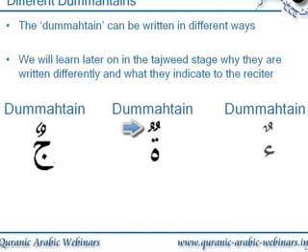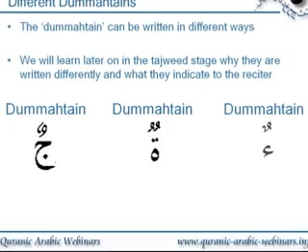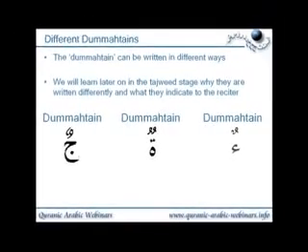The second one is simply two dhammas written together. That's what you would expect, and that's what we've written in a lot of the slides before. And the third one is two dhammas, and it looks like one's up the right way and the other one's upside down. As long as you can recognize that these are all dhammatains or dhamma tanween, that's fine.